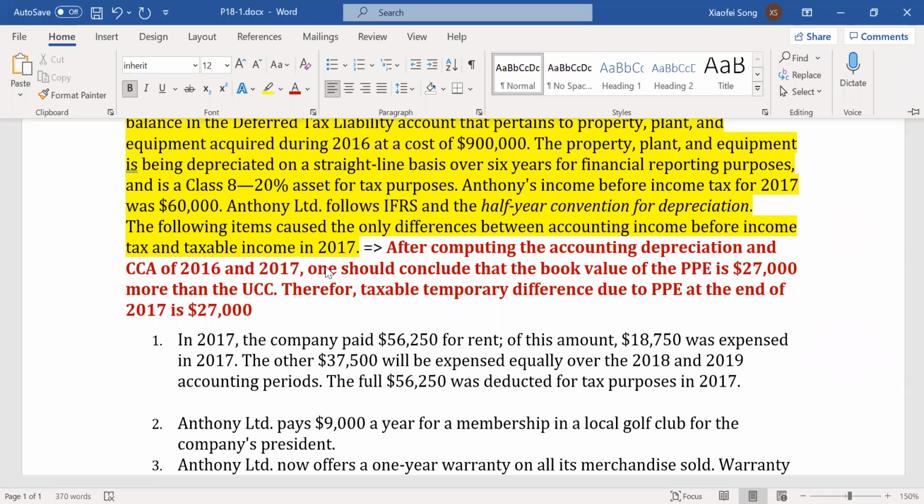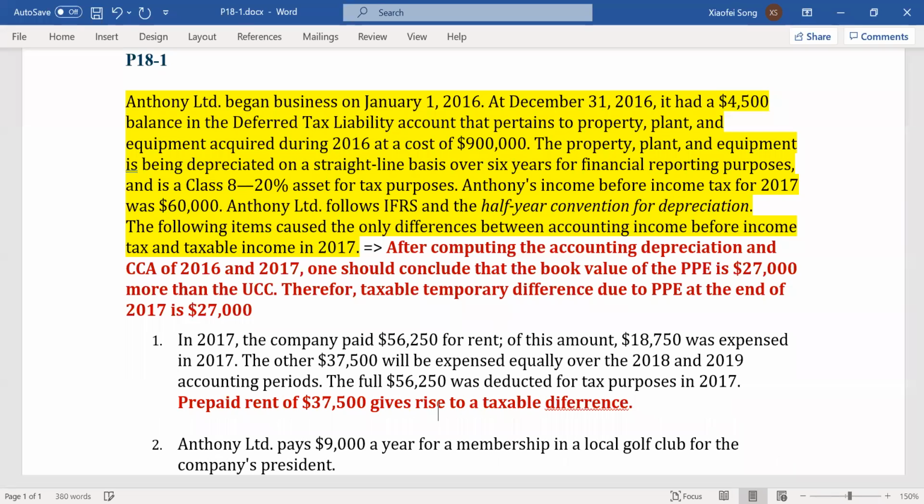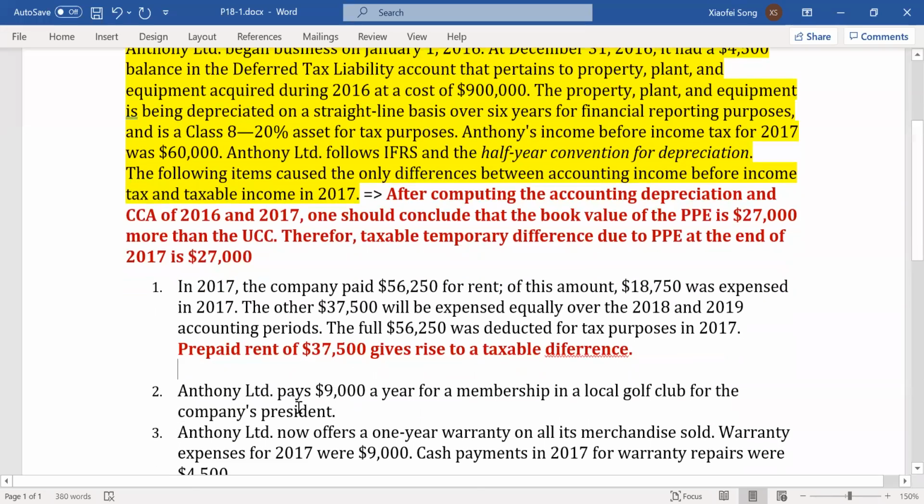So this prepaid rent of $37,500 gives rise to a taxable temporary difference, right? And that should give us a deferred tax liability. So this is a temporary difference.